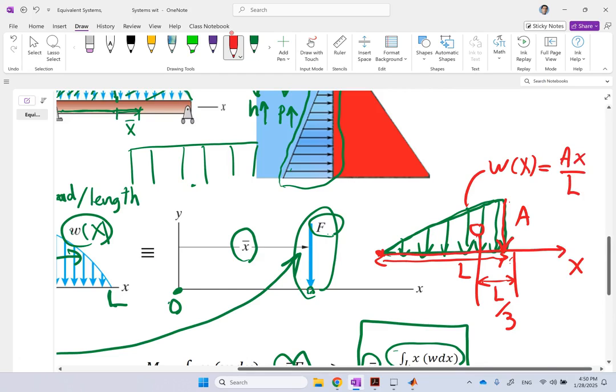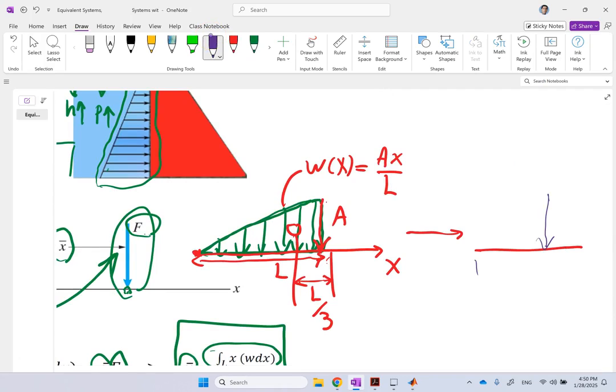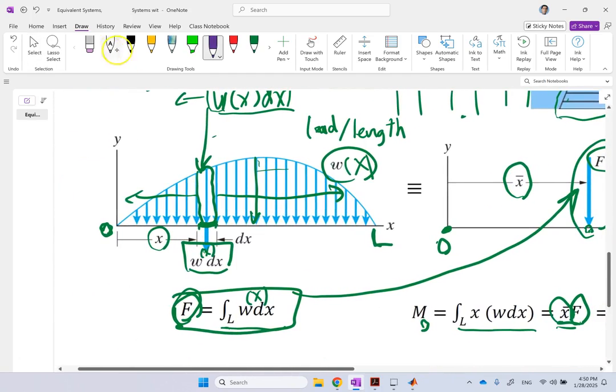Good. So if I have to replace that with an equivalent, clearly the equivalent is going to be 2/3 from this side and 1/3 from this side. And how much is it? Well, if you look at this formula, this is clearly the area under the curve of W. Look at that.